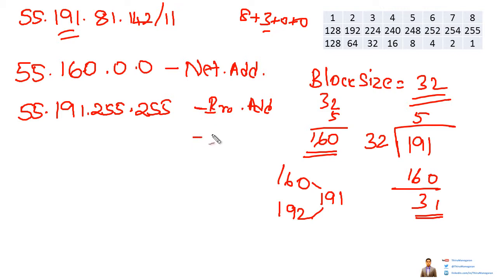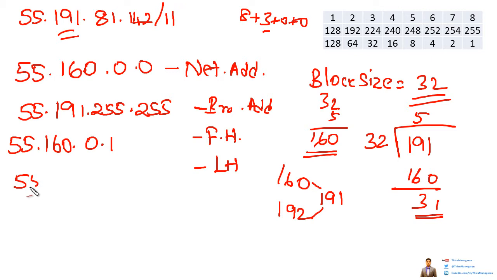The first host would be 55.160.0.1, and the last host would be one less than the broadcast address: 55.191.255.254.